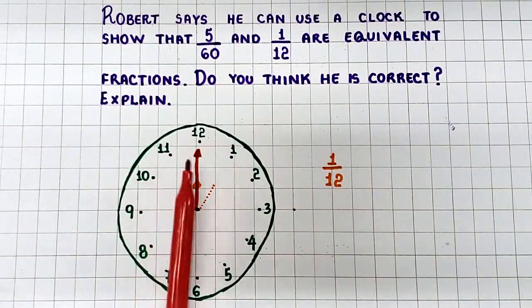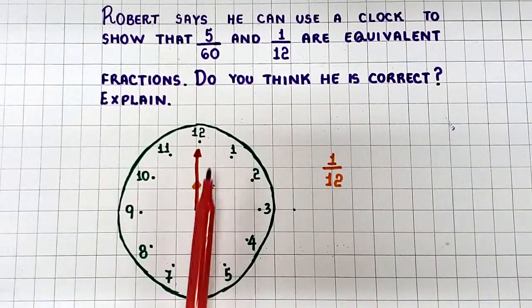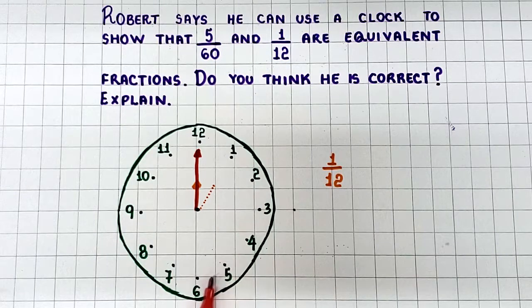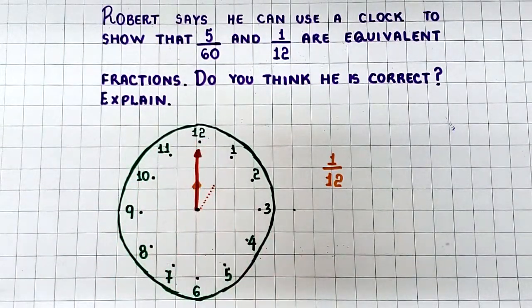What do we see the minute's hand doing in the clock? It passes 60 minutes. So it travels all the way from 12 through all the numbers and back to 12 again. How long does it take? 60 minutes. Exactly, 60 minutes.